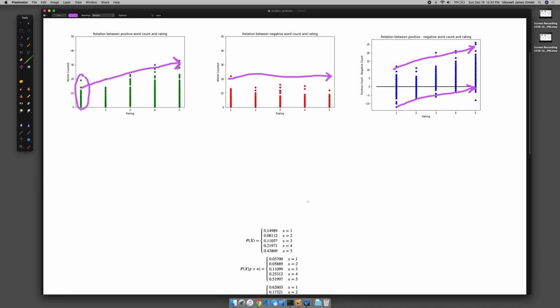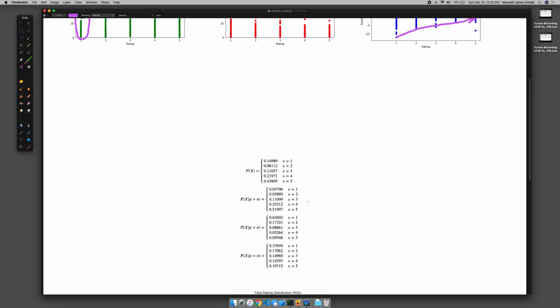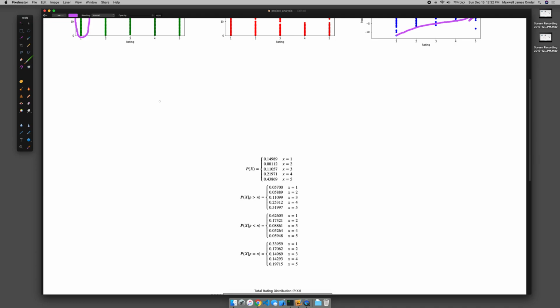And now I started breaking it down into actual probabilities. So I'll start with the most basic one, the probability of x, where let's say x is our rating, and so that would be in the sequence 1 to 5.